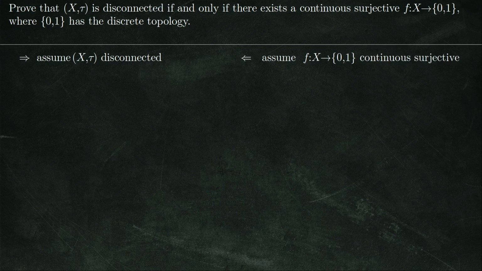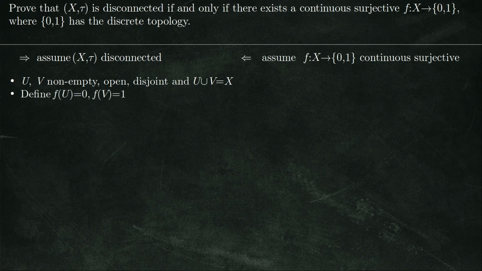I will go through the first direction, and then you go through the second, and then I'll go through it after. So let's start by assuming that (X, tau) is disconnected. Because it's disconnected, there exist two open sets, U and V, that are non-empty, open, they're disjoint, and the union of them is X.